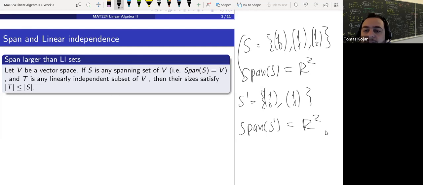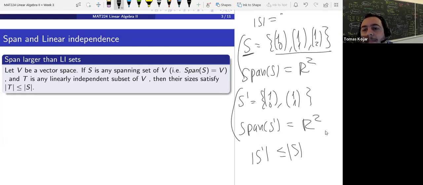So you have this and you have this. And the claim here is that S prime can have size at most that of S. So if you know that S is a spanning set and it has some size, here S is 3, and if you give me any linearly independent set, then its size will be at most the size of the bigger set.